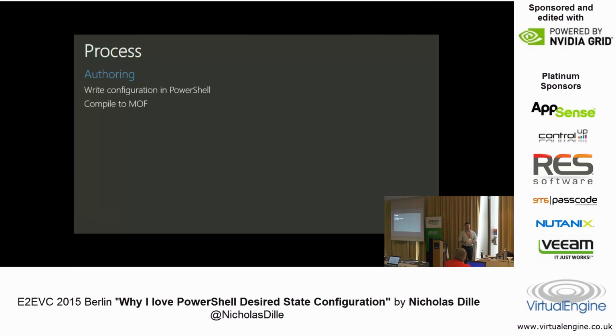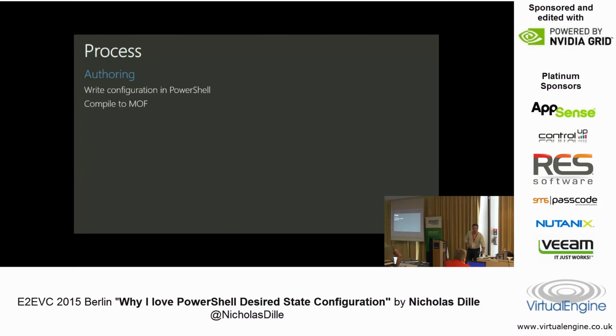For example, Microsoft has already extended Desired State Configuration to Linux, so you can create configurations on a Windows system, push that to a Linux box, and configure it that way. And because it's all standards-based, it's based on standards by the Distributed Management Task Force, you could also do it the other way around.